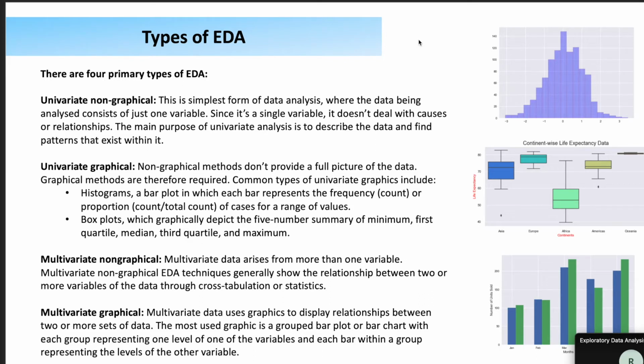Now, what is multivariate? Let's take an example of a bivariate analysis. Bivariate analysis is where, through a graph or a chart, we reflect the relationship between multiple features.